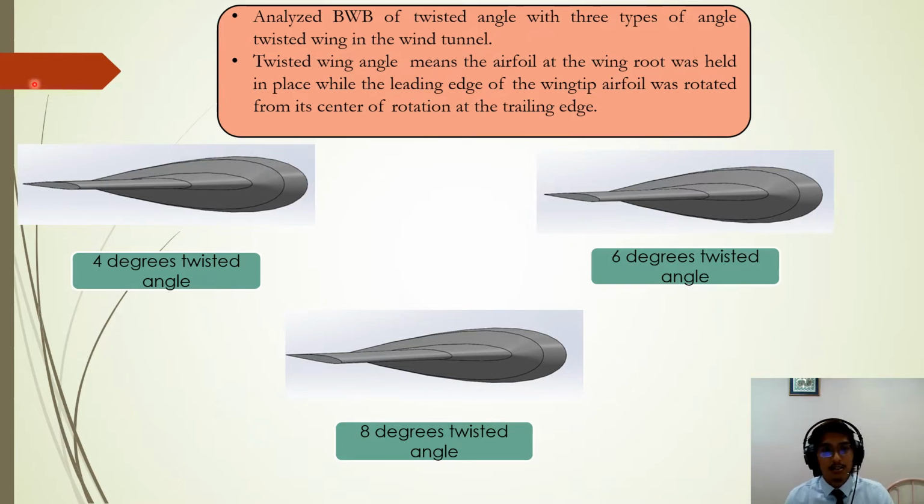As you can see, here are the three cases of twisted angle: 4 degrees, 6 degrees, and 8 degrees. The twist happens between the midsection of the wing and the wingtip, so you can see clearly that the wingtip has a different angle in each case.